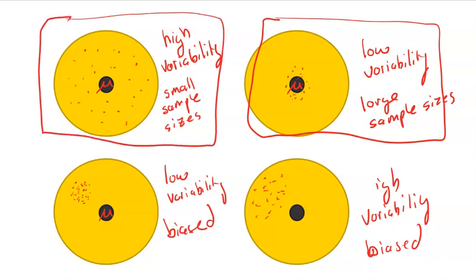There's high variability, but at least we're getting close to the truth. At least we're surrounding the truth. And again, these ones down here are bad. Even if you have low variability, if you're biased, none of your samples are going to even be near the truth. So that'd be terrible as well. And then obviously having high variability and being biased is really going to be equally bad. So that's just kind of how I look at sampling, and we're trying to find the truth and thinking about how your sample statistics are going to vary around that truth.